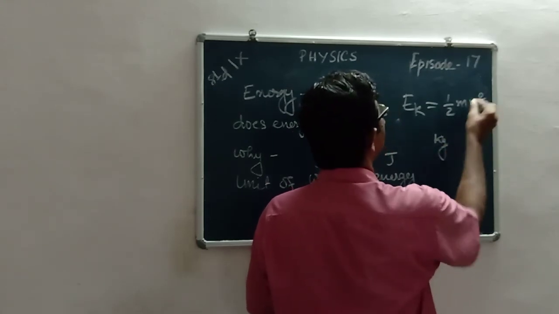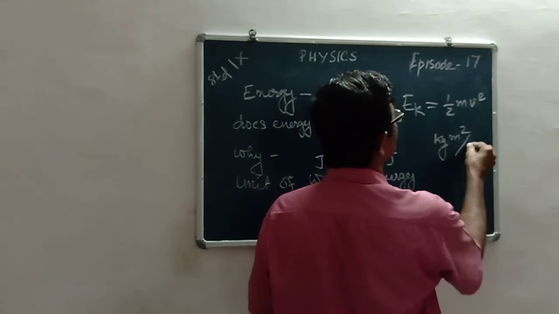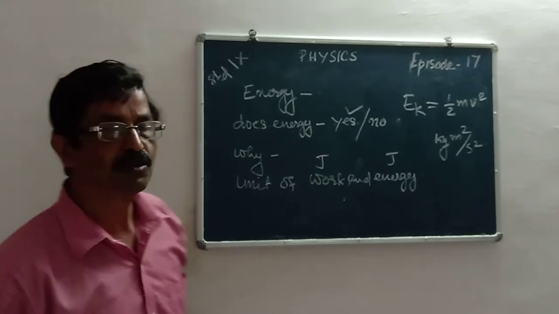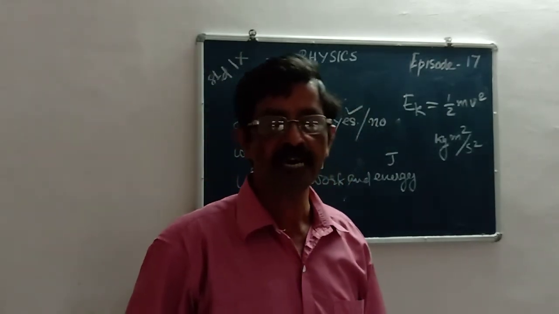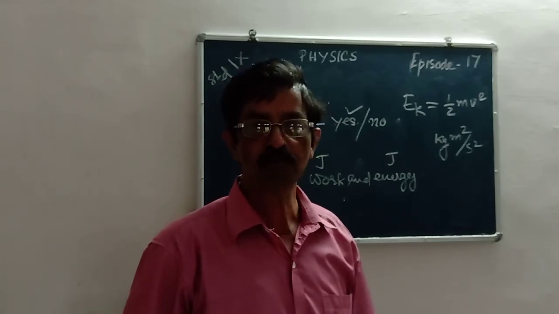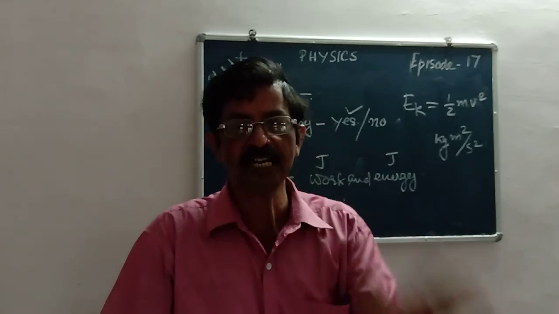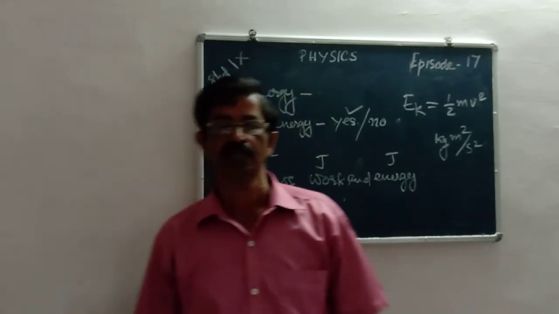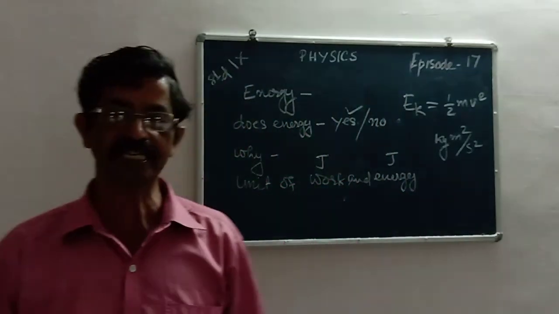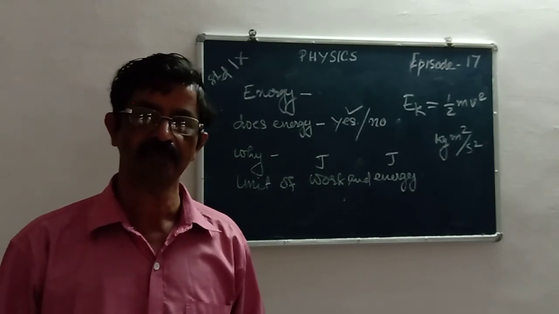Velocity is meter per second, so meter square per second square. This unit we took as joule, in the name of the scientist James Prescott Joule. Now, what is the relation connecting work and energy? Work done is equal to change in kinetic energy.